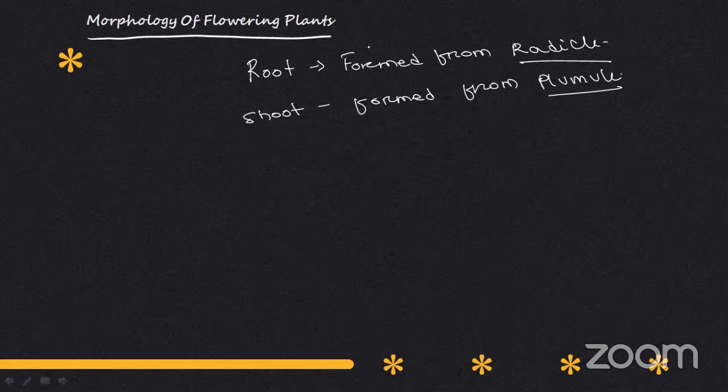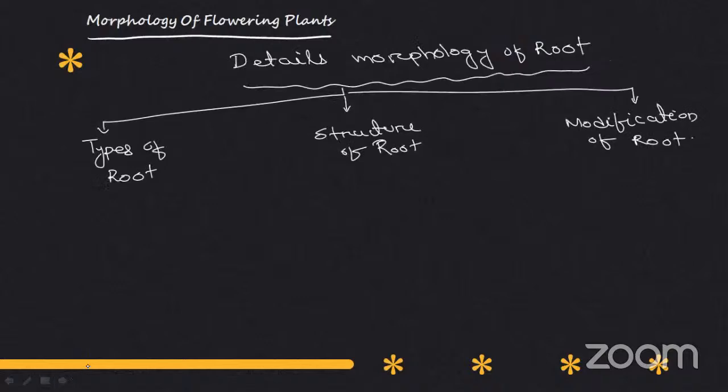Okay, let me start. In the last class we discussed your root part and the shoot part, which was the introductory part. When we see the detailed morphology of the root, we have to discuss the types of root, the structure of the root, and the modification of the root.